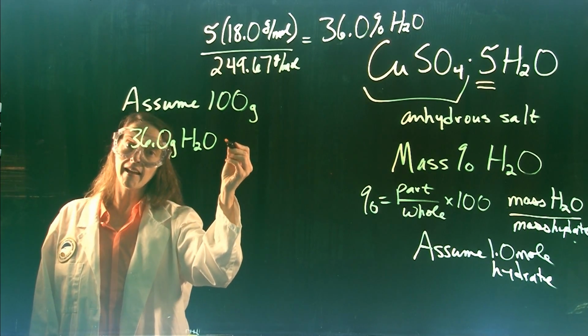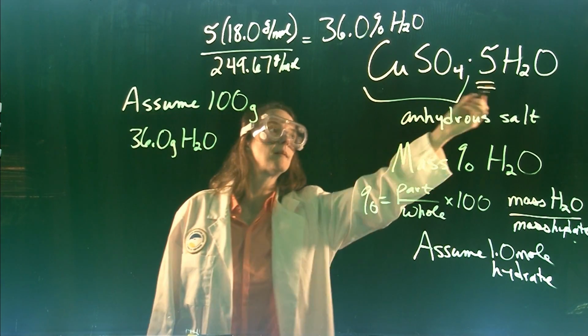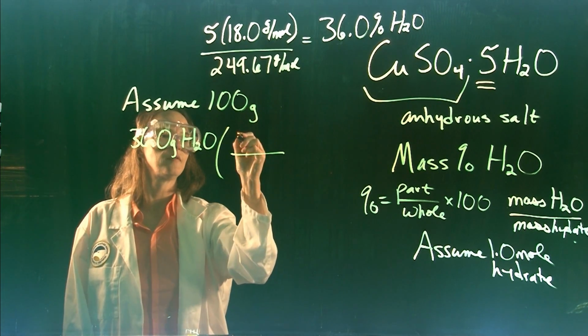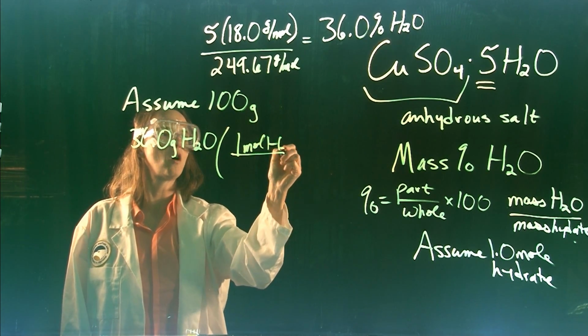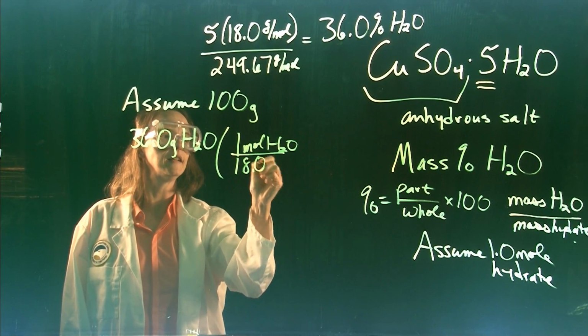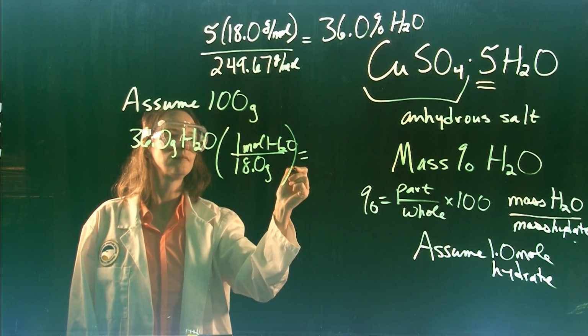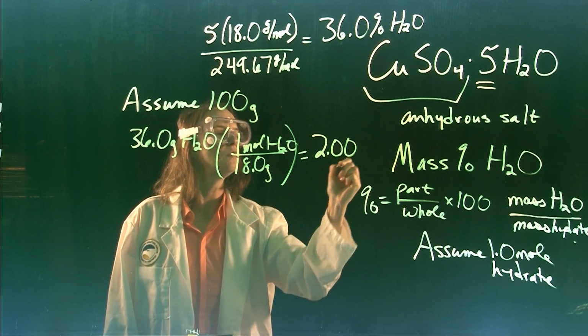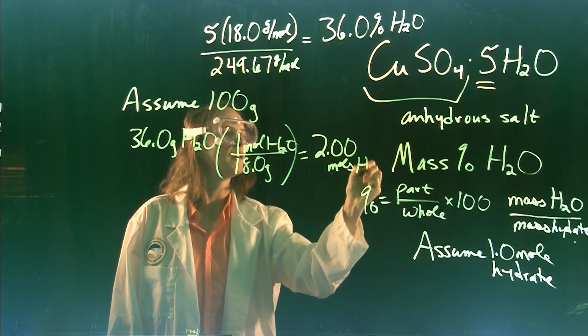And we can take that and convert it to moles to get the molar ratio of water to anhydrous salt. So for every 1 mole of water, there are 18 grams. That's 2 moles of water.